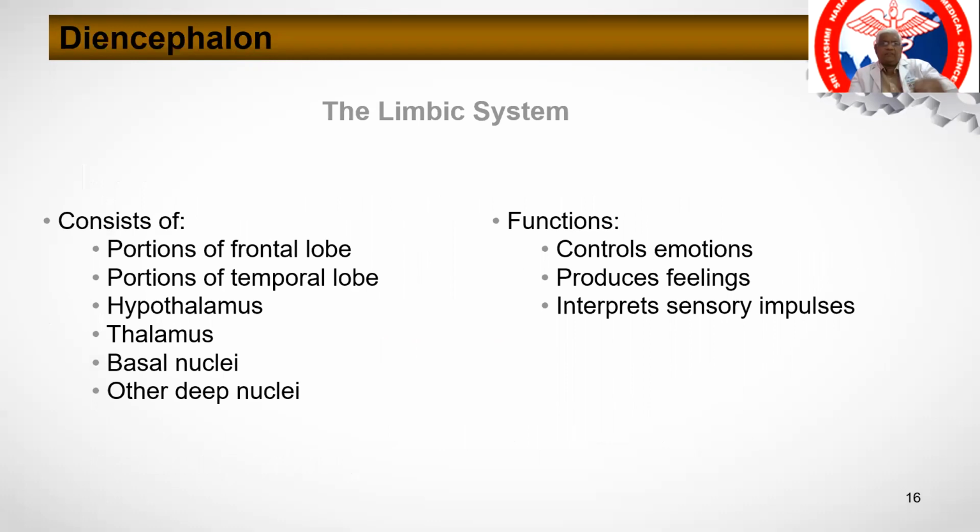The limbic system consists of portions of the frontal lobe, temporal lobe, hypothalamus, thalamus, basal nuclei, and other deep nuclei. The limbic system functions to control emotions, produce feelings, and interpret sensory impulses.